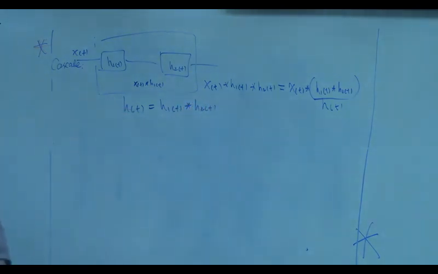Okay? That one is the derivation. This one is the conclusion. So if you have a series of systems, the overall impulse response is the convolution of all these individual impulse responses.